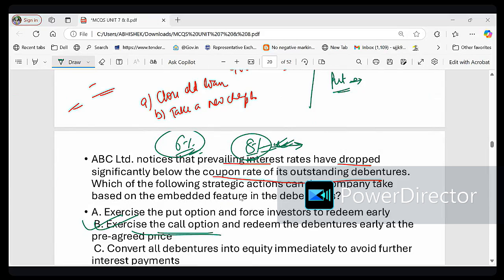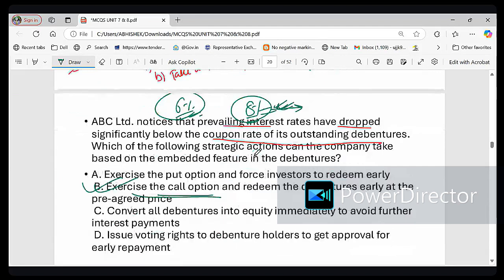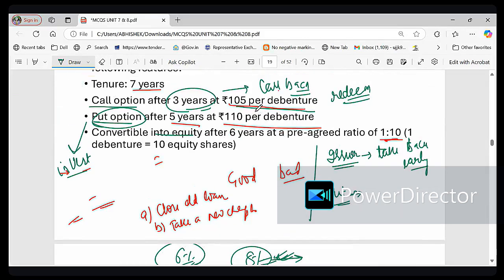I'm explaining again. See, suppose the market rate is 6% and the company's debenture rate is 8%. The company is at a loss because it is paying an 8% coupon rate to its debenture holders. So it decides to exercise the call option.